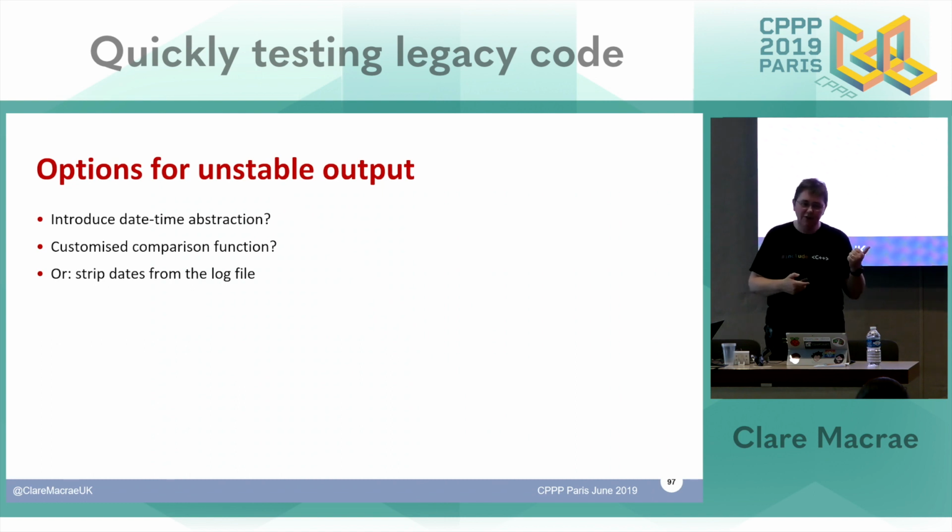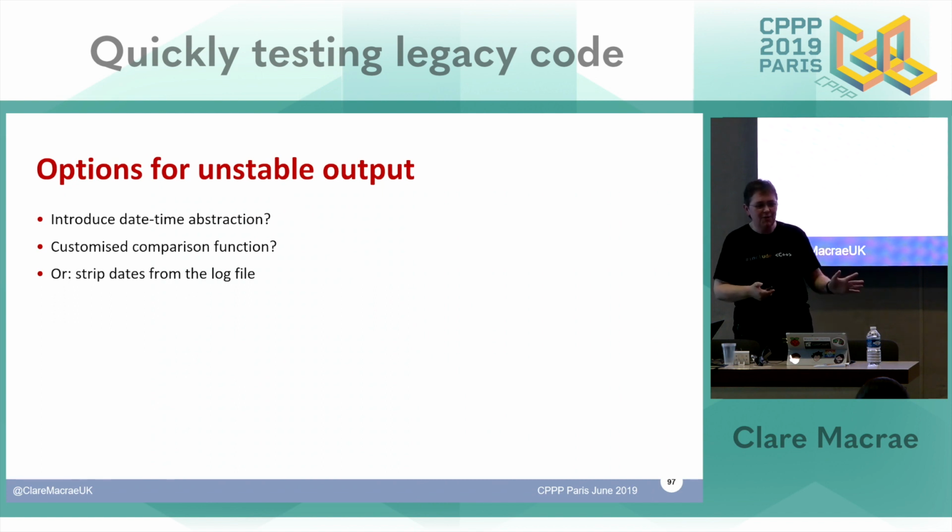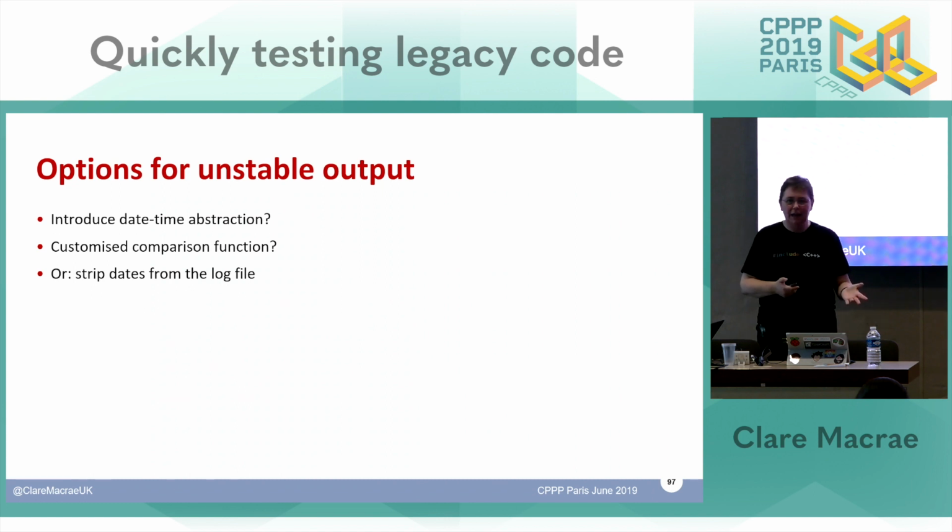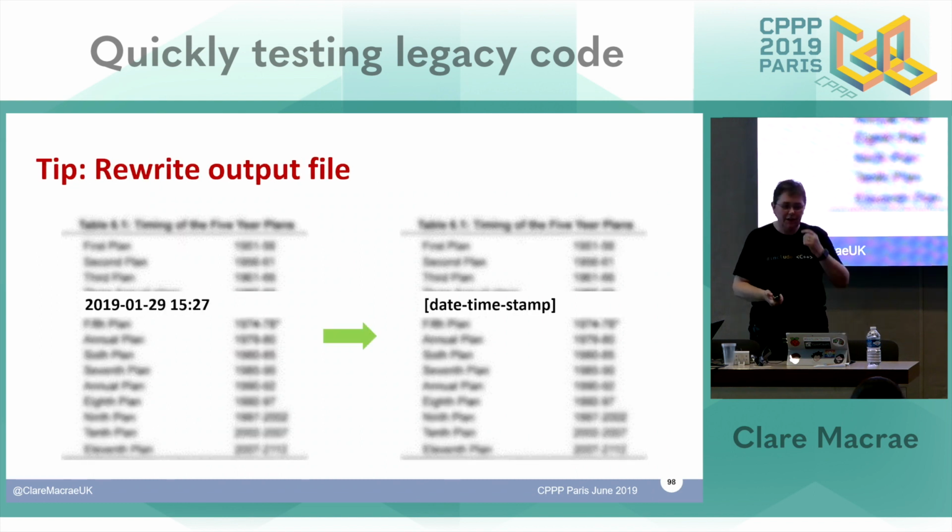So the approval test's approach to that is to do something completely different, which I think is a brilliant insight. It's to say, don't do any of those things. After the system has written out the file, read it back in and strip out the unstable information from the log file, resave the log file. So in the example I just showed you, on the left-hand side is the pictorial representation of our log file.